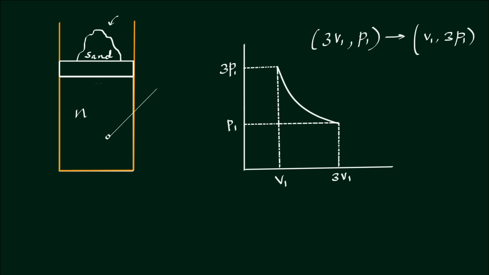on this curve. Supposing I wish to compress the gas from a volume of 3V1 to a volume of V1 at constant temperature. That means if I look at the equation, PV is equal to nRT, the right hand side is constant, so the pressure is equal to this constant number. Let's say the temperature is 300 Kelvin.